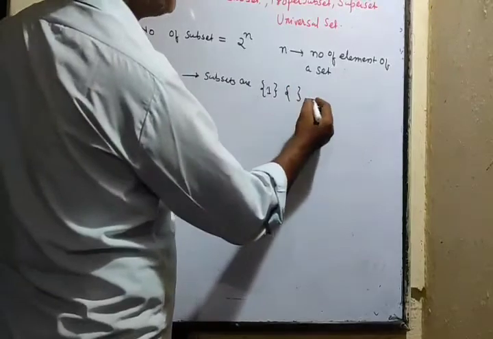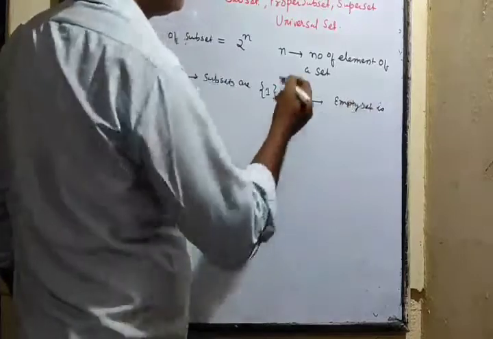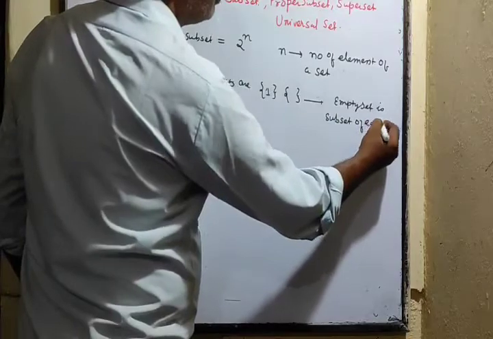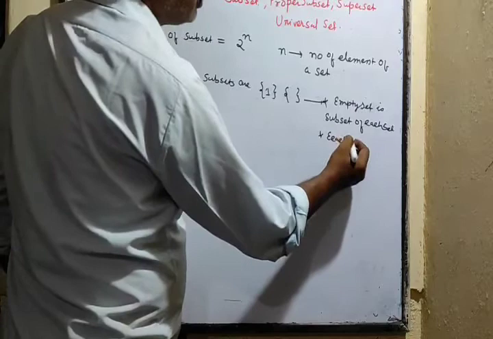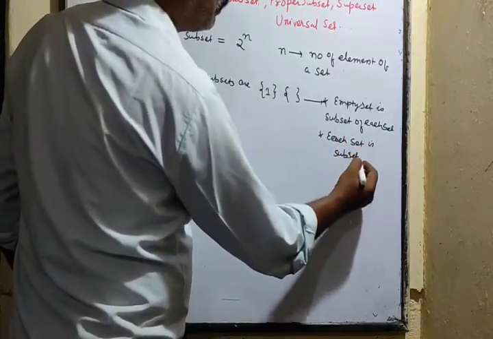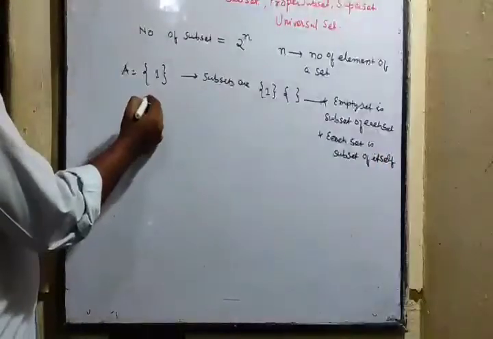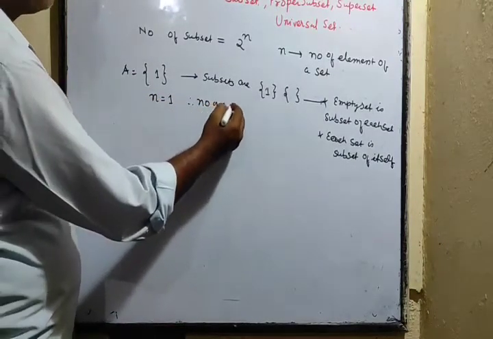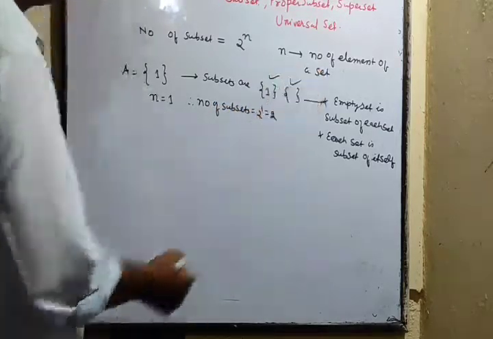For your kind information, the empty set is a subset of each set, and one more thing, each set is a subset of itself. So what we are finding here, number of members is 1, hence number of subsets is 2 power 1, that is equal to 2. Verified here, 1 and the empty set.